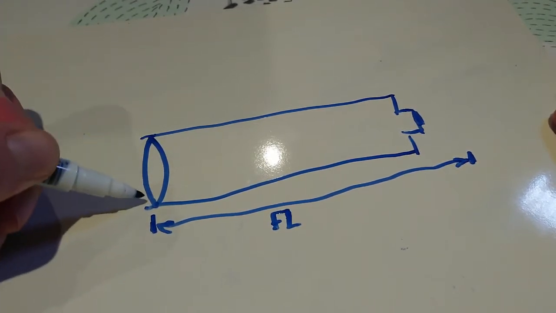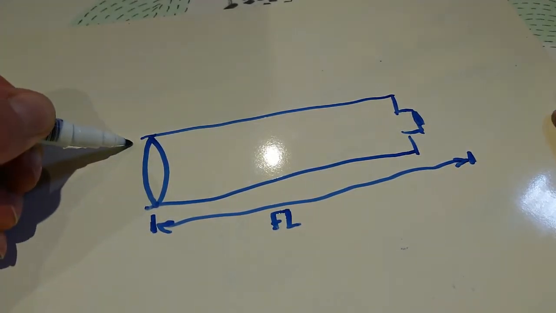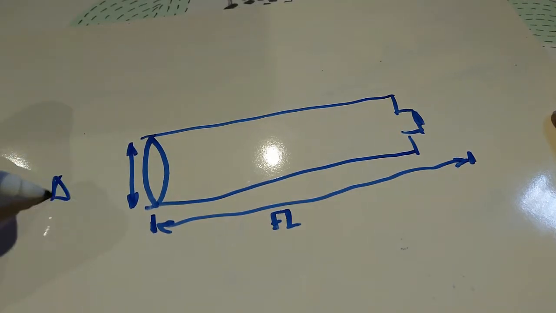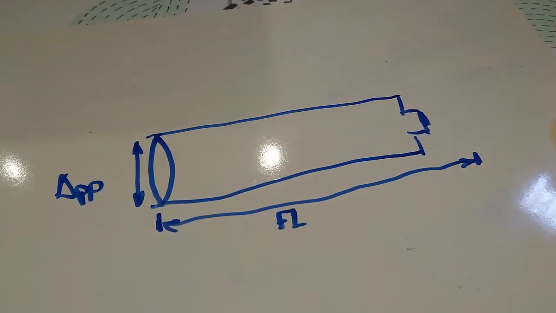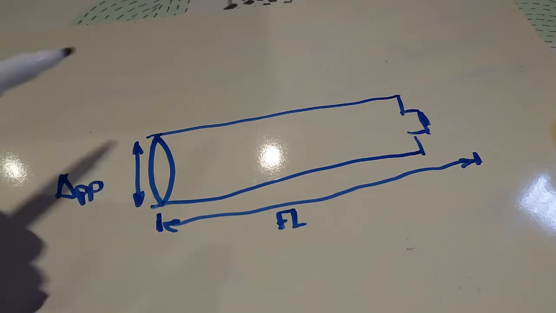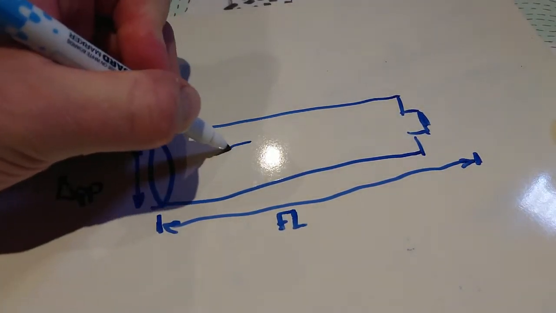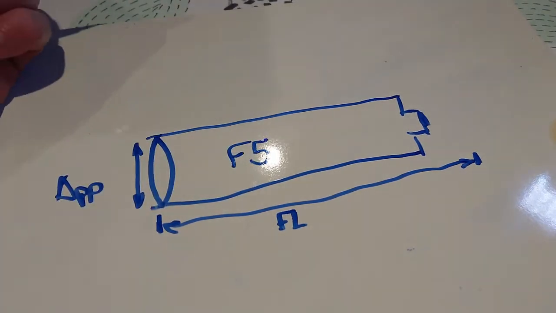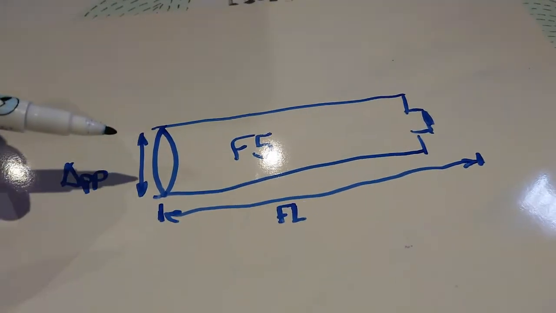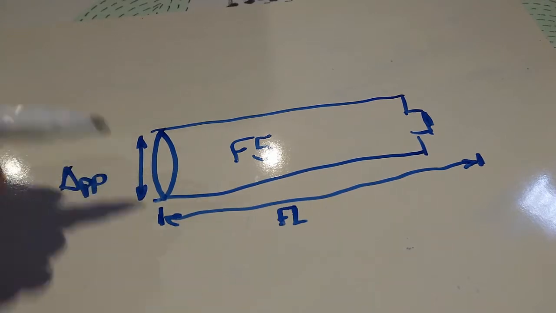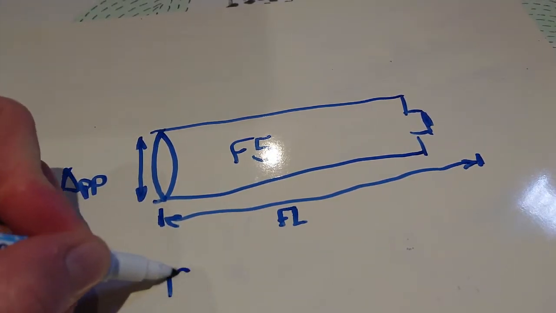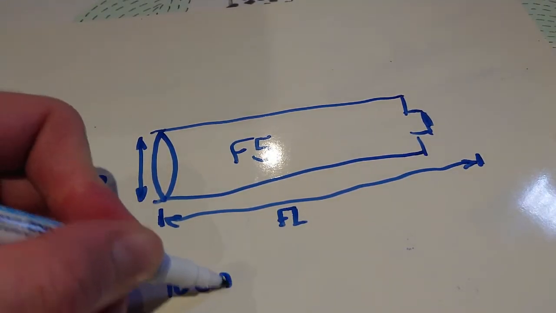And this lens here has a diameter, and we'll call that the aperture. So it's the aperture of the scope. All an f number is, is the ratio of the focal length to the aperture. So let's say that this telescope is labelled f5 and the aperture here was 10 centimetres.